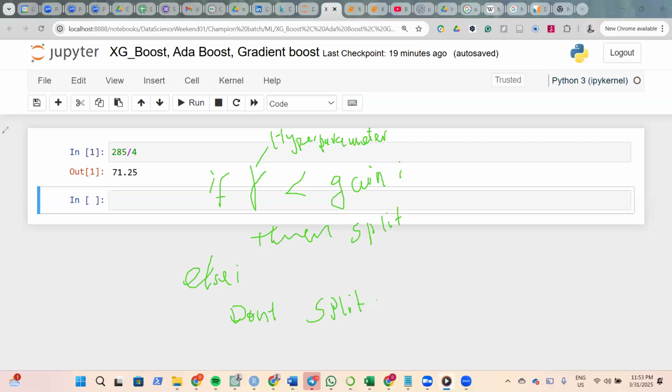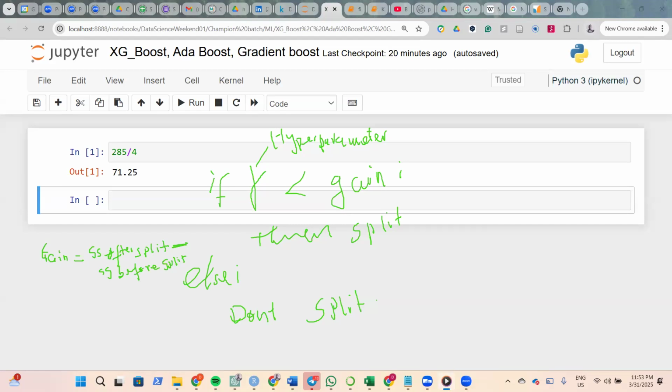Gain is defined as gain equals SS after split minus SS before split. Now you are going to ask me, what do I mean by SS after split and SS before split?